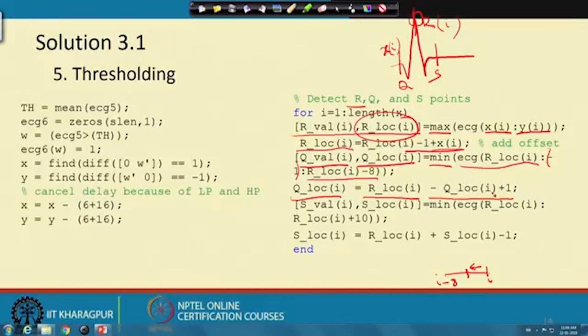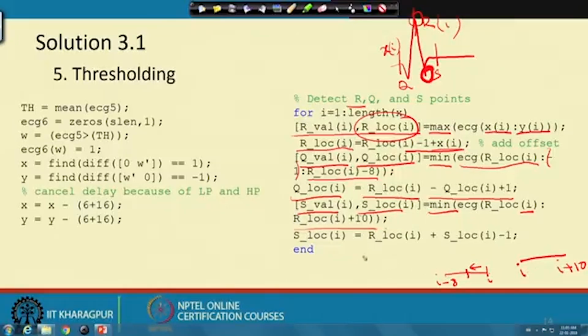Next, we look for the S location, which is again from R location I to I plus 10. That means, if the R is here, the 10 samples after that R location we would check to find out the minimum, and we store the value here as S value, and S location keeps that index, but again it is within these 10 samples.